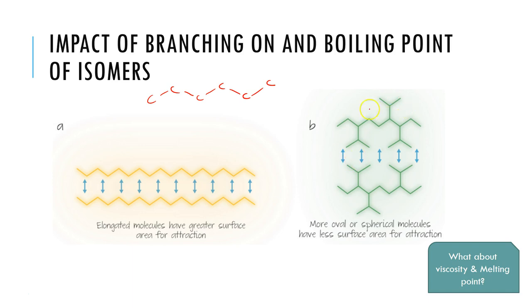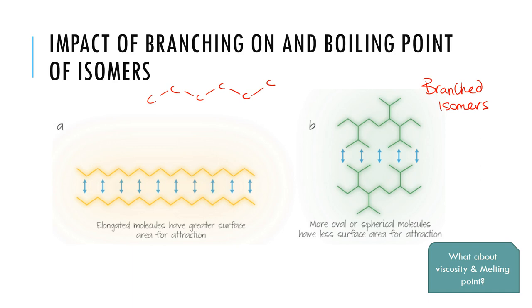As we increase the branching in our isomers, we get these little fractally bits that come off the edges of them. Basically, that reduces the surface area, so it reduces the strength of our dispersion forces.